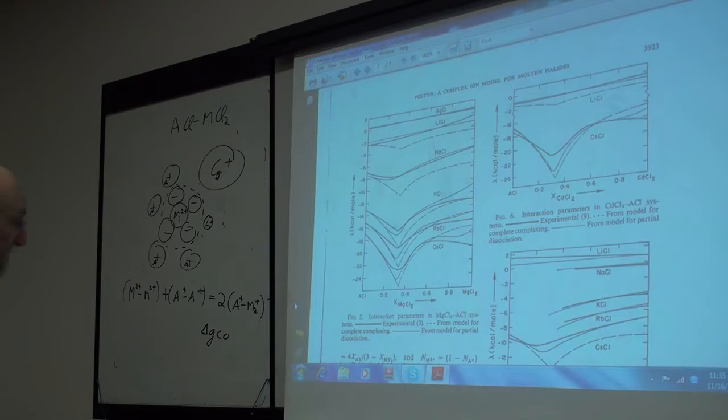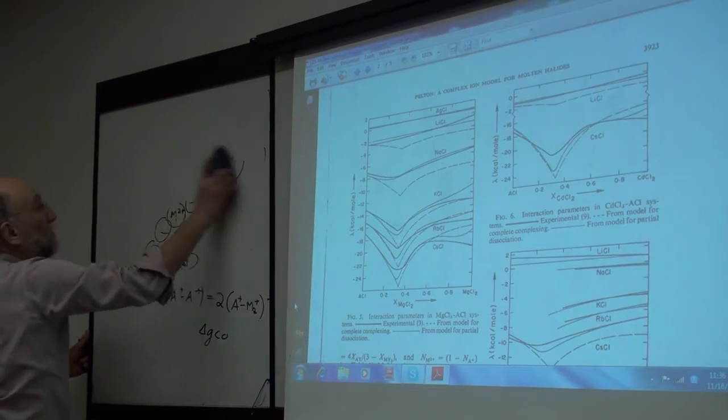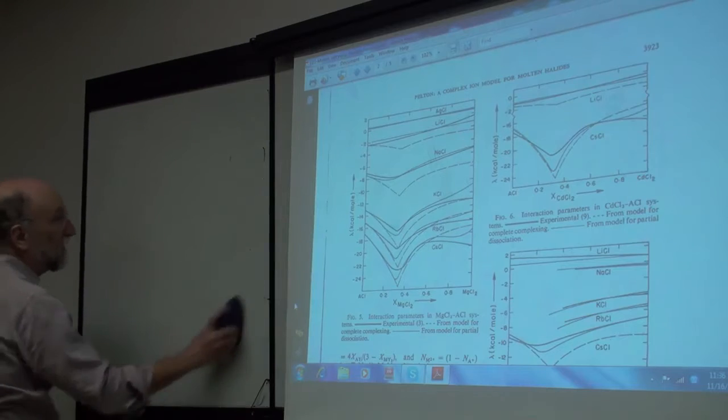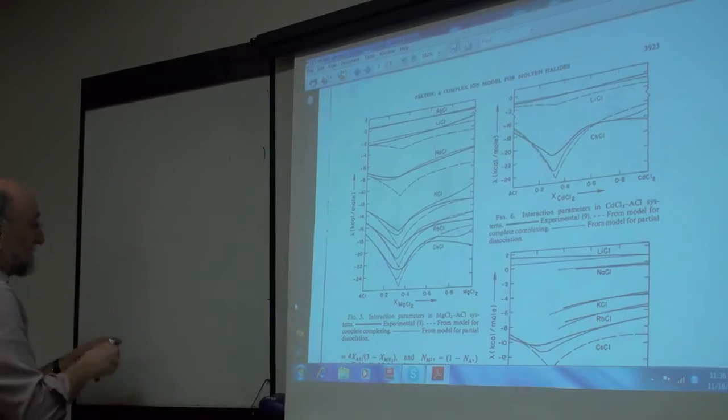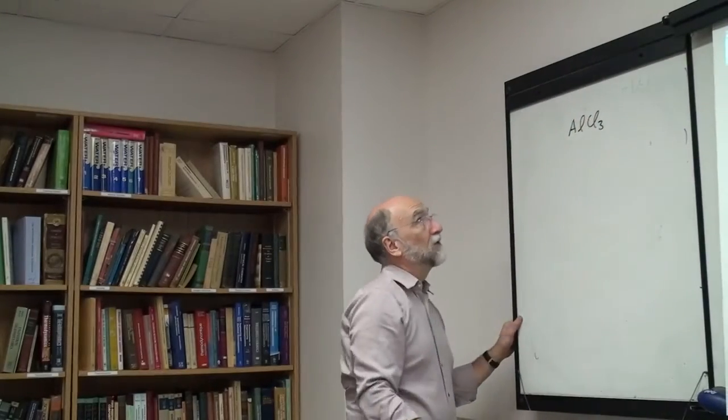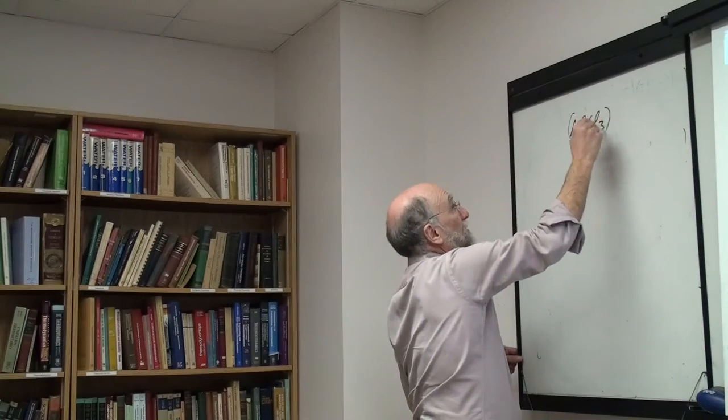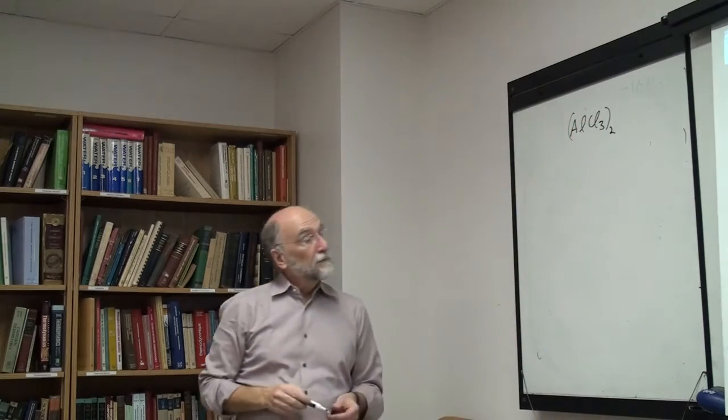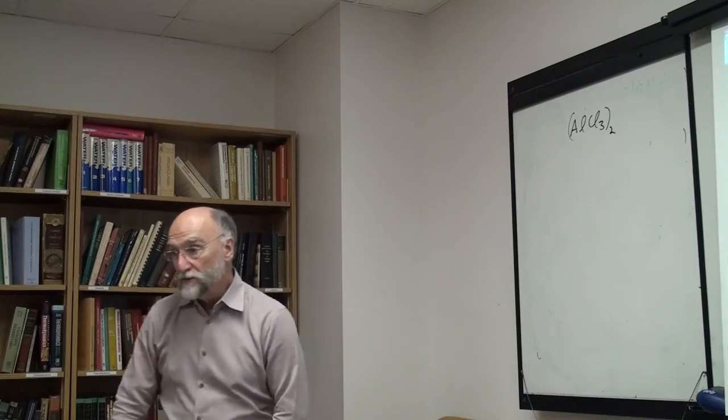Now when you start to go to higher valencies, like aluminum or say zirconium, then things get a little messier, because aluminum chloride and aluminum fluoride are not ionic materials. Aluminum chloride is a molecular material, basically formed of Al2Cl6 dimers, both in the liquid state and the gaseous state.